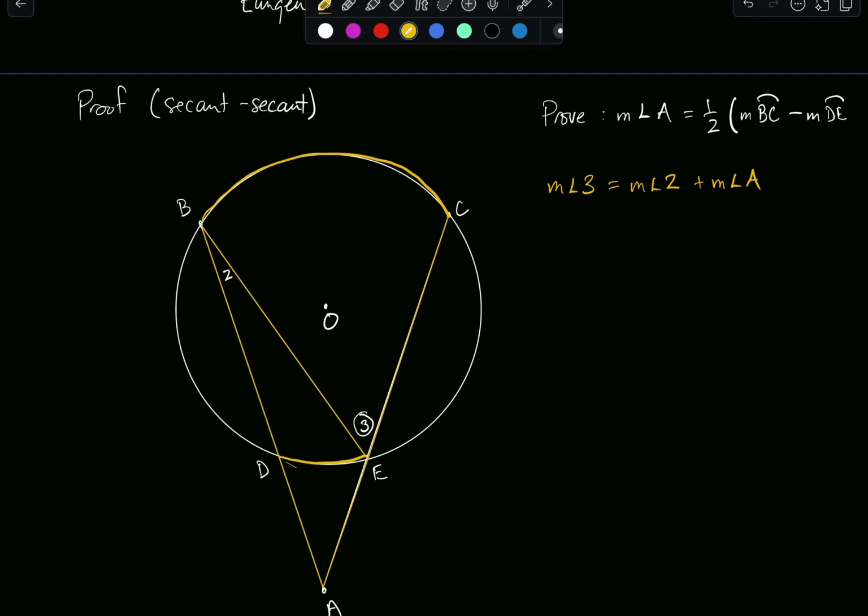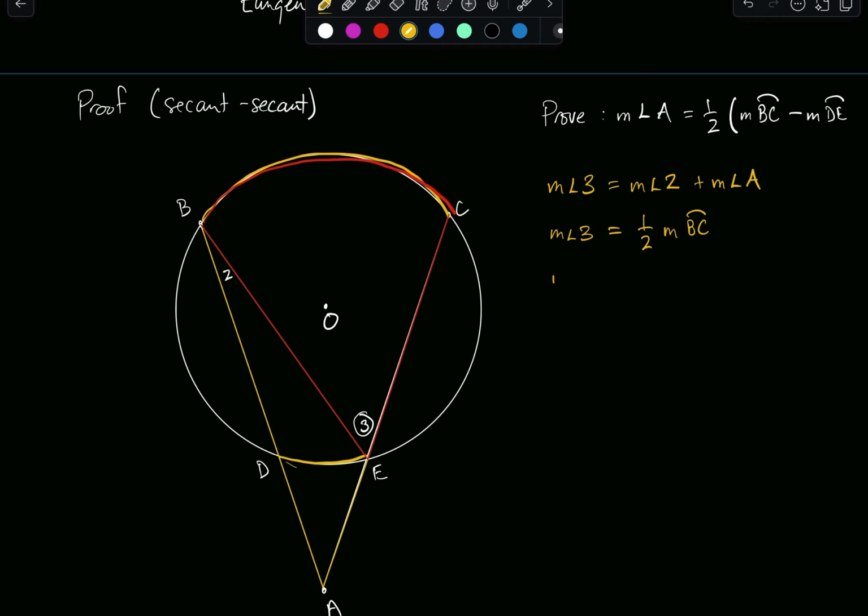Well, take a look at a couple of other things. The first one is to note that angle 3 is also an inscribed angle. So if I look at this angle here, do you see how it intercepts arc BC? So that means that it is 1/2 the measure of arc BC.